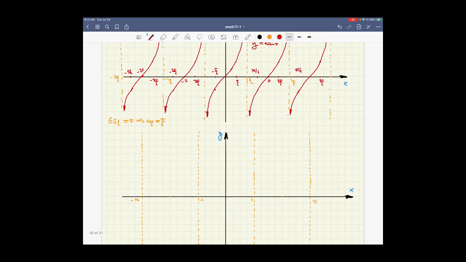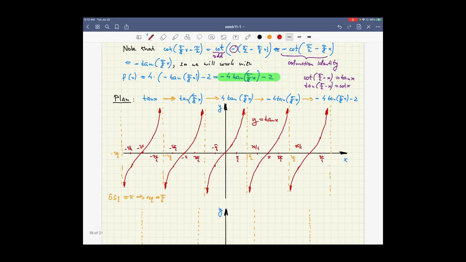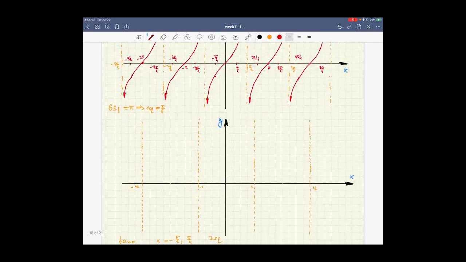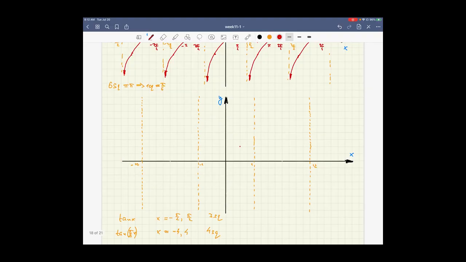And where are these points where tangent is 1 and -1? These are simply points 2 and -2, for instance. Very convenient.